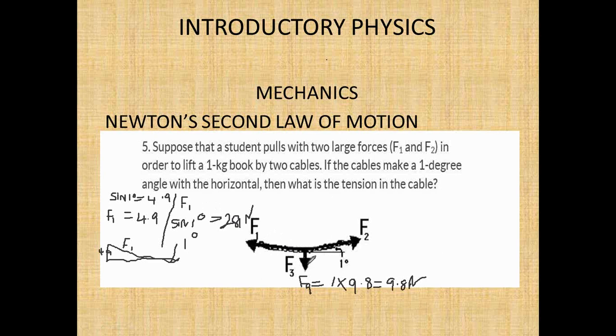once you increase the angle, then it's easier to lift the book because the vertical component is going to be greater. So what I mean is if you make the angle very high, then the vertical component is going to get greater. And it's this vertical component that's going to pull the book upwards. When it's very close to the horizontal, the vertical component is very small. So it's not going to be enough to lift the book unless you have a tremendous amount of tension in the cable.